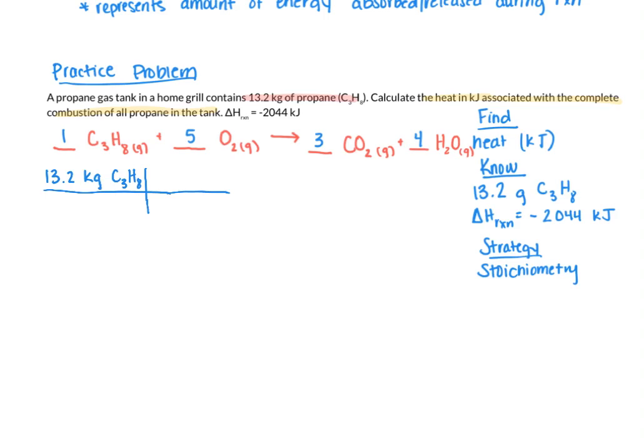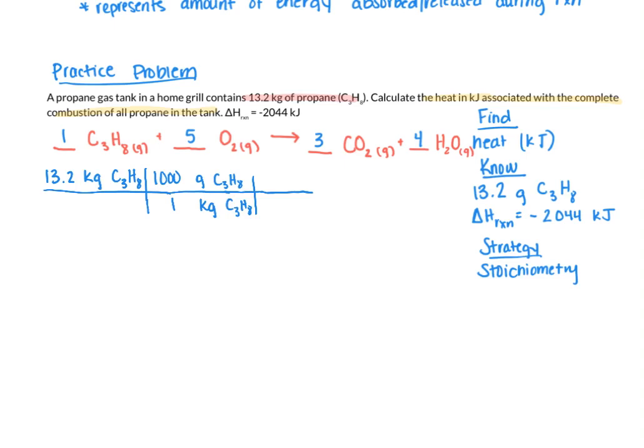Kilograms isn't really useful to us, so we need to put that in the form of grams. So kilograms will go on the bottom, grams will go on the top. We know that there are 1,000 grams in 1 kilogram. And now that we're in grams, we can use the molar mass to get to moles.